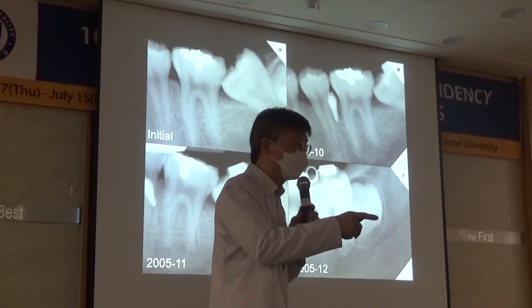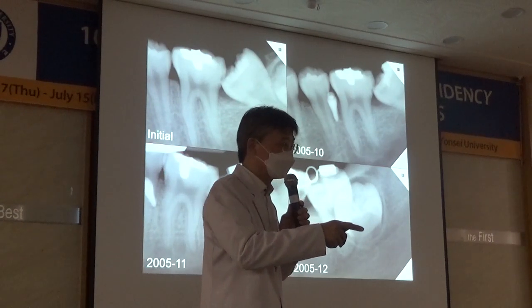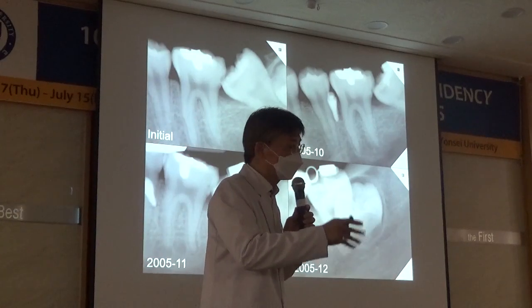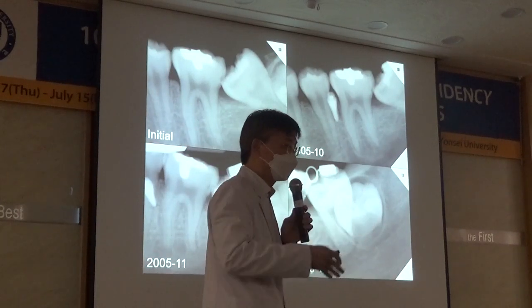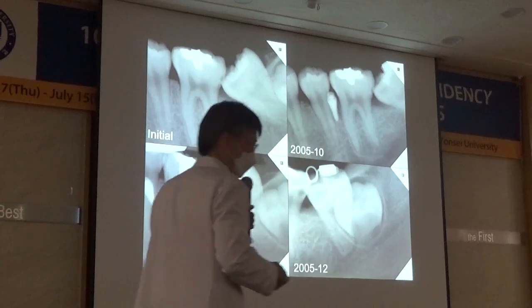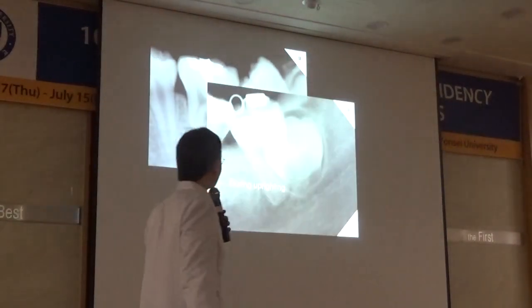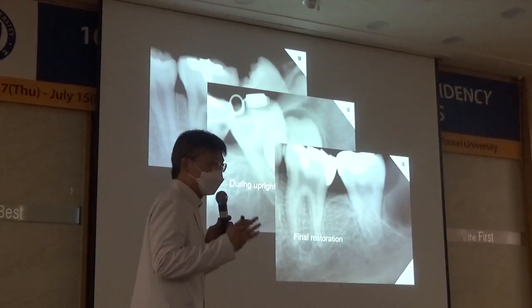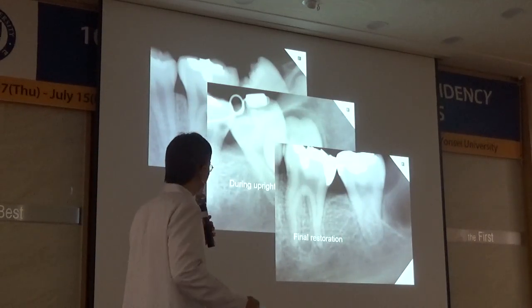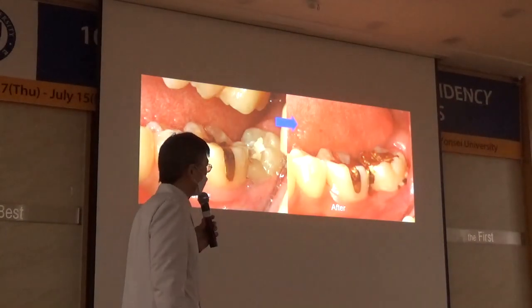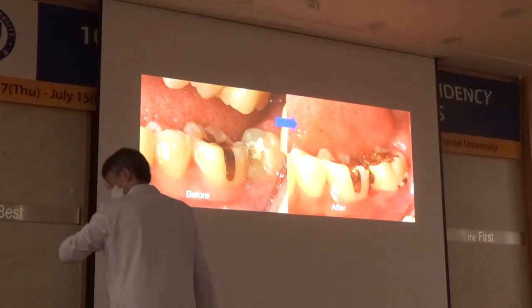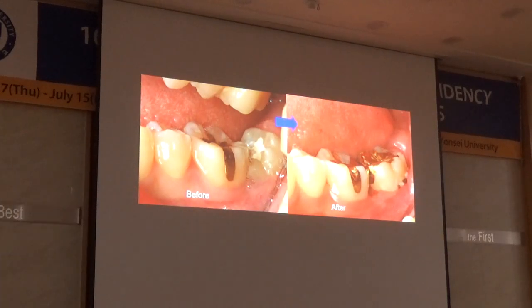You probably know the answer. Yes, because you came here for the third time. But I'm going to give you another lesson today. So this is the sequence. We were able to upright the second molar this way.